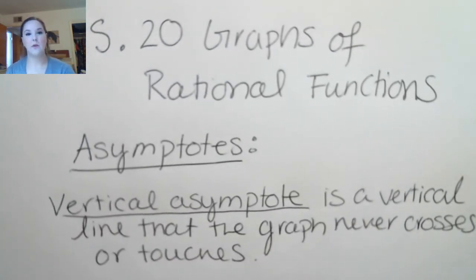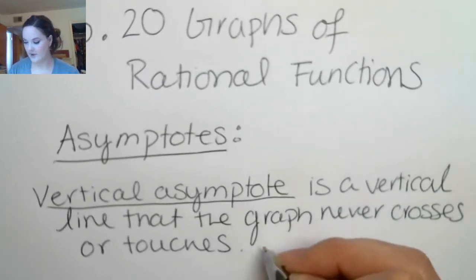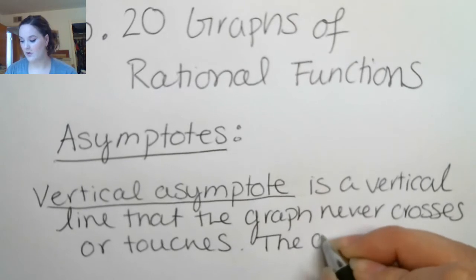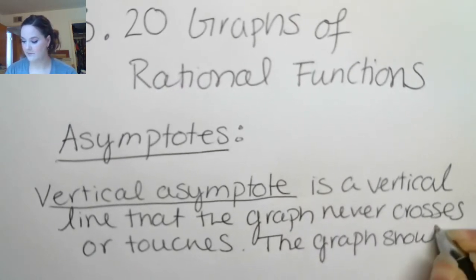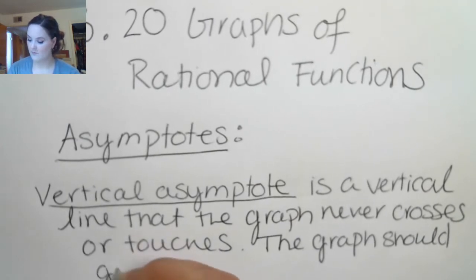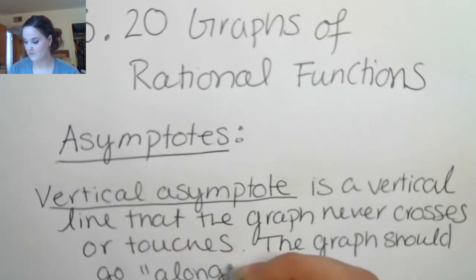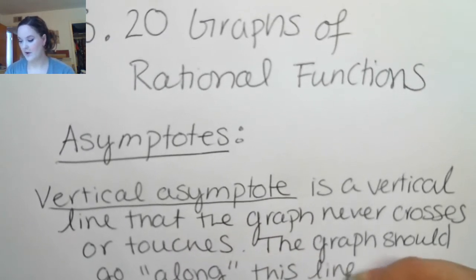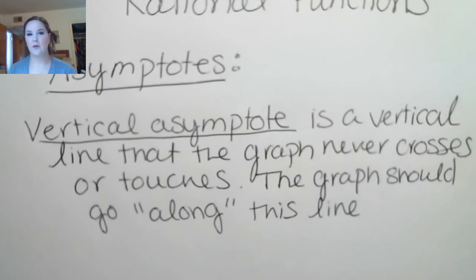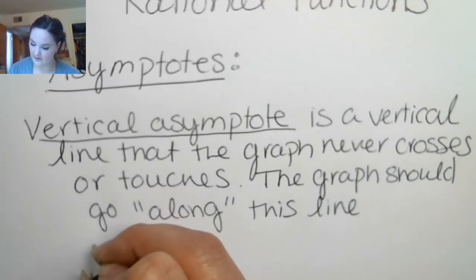Okay, so a vertical asymptote is a line that the graph never crosses or touches. The graph should go along that line. Okay, and you get a vertical asymptote when the denominator of the function is 0.